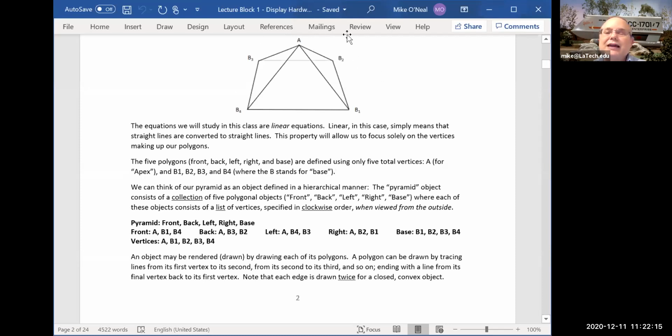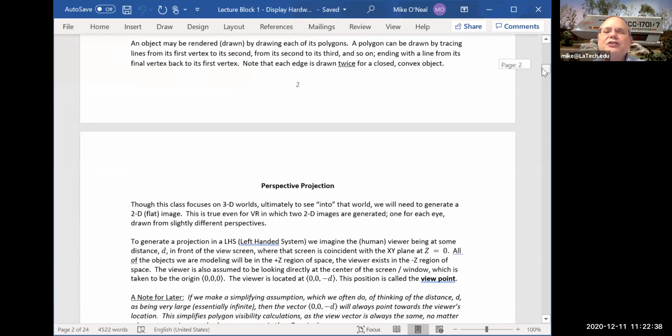This is an example of what we need to do. You look at this and you still go, okay, that looks like a pyramid to me, especially if you mentally ignore that back line that you wouldn't be able to see. It looks like I'm looking down from a 45-degree angle from the front of the thing. And so we need a way of doing that.